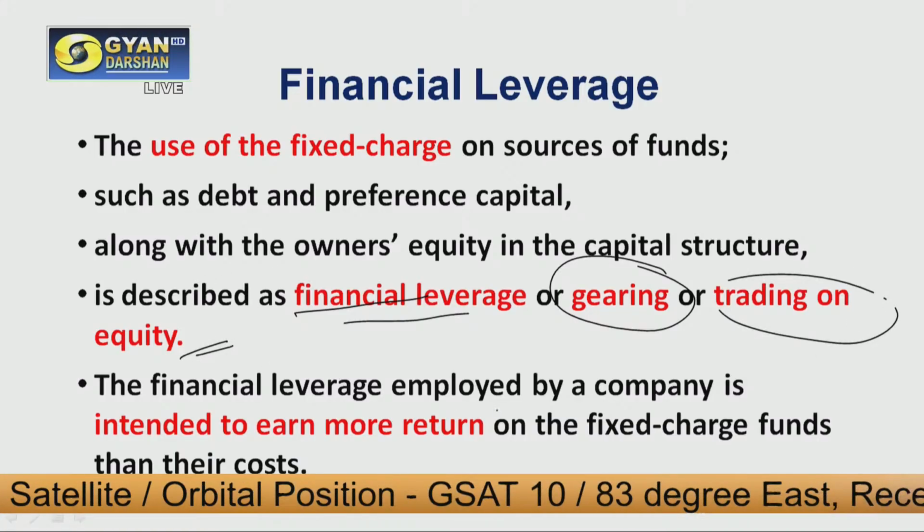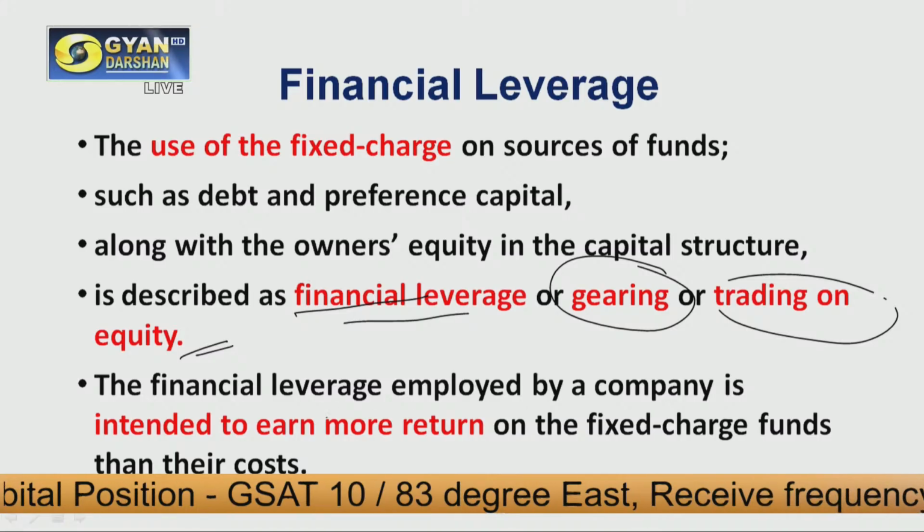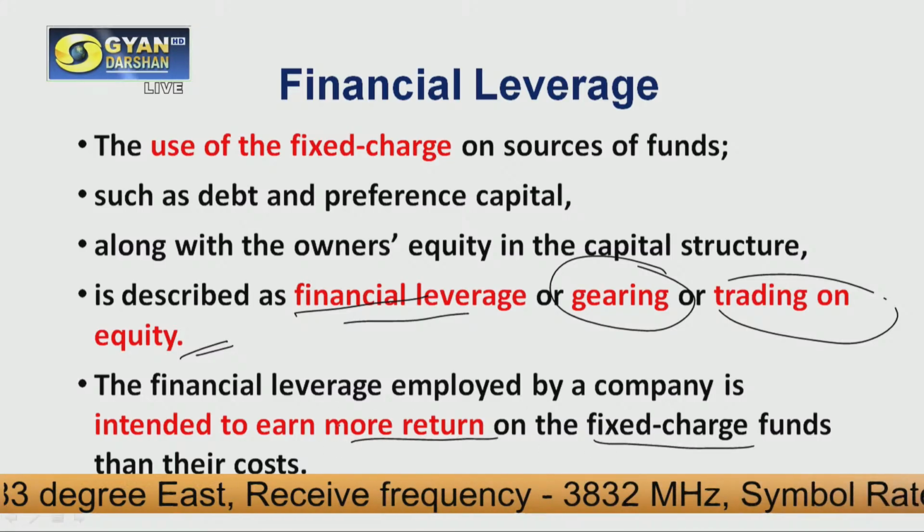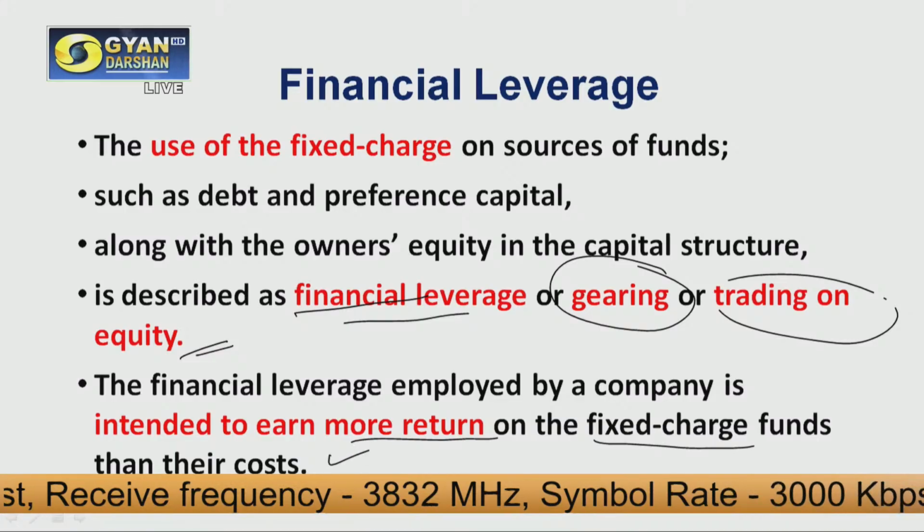The financial leverage employed by a company is intended to earn more return on fixed charge funds than their cost, right? And financial leverage is just like operating leverage. In operating leverage, what we did was divide the change in dependent variable by the change in independent variable. In that case, our dependent variable was EBIT and independent variable was sales.